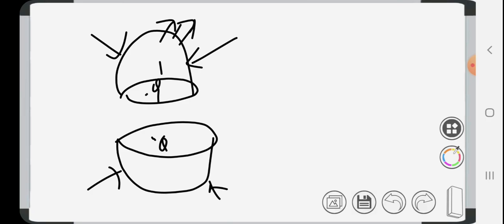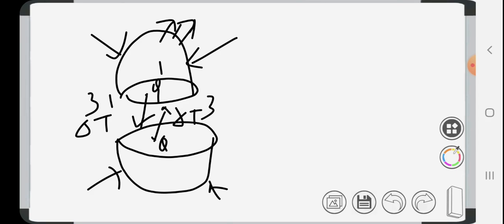Here the internal force will be some delta T3 dash and delta T3, right? So what do you infer?